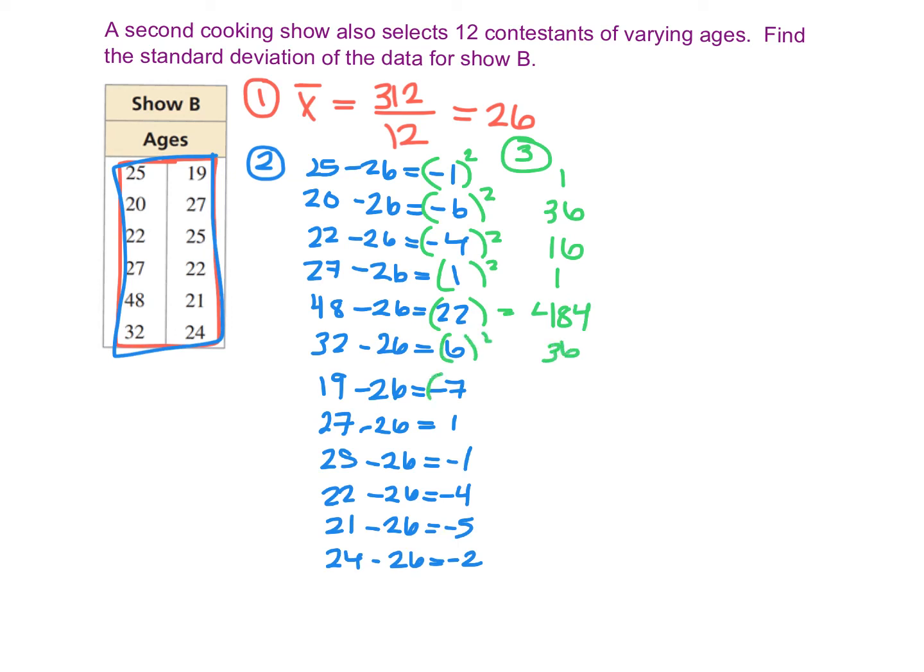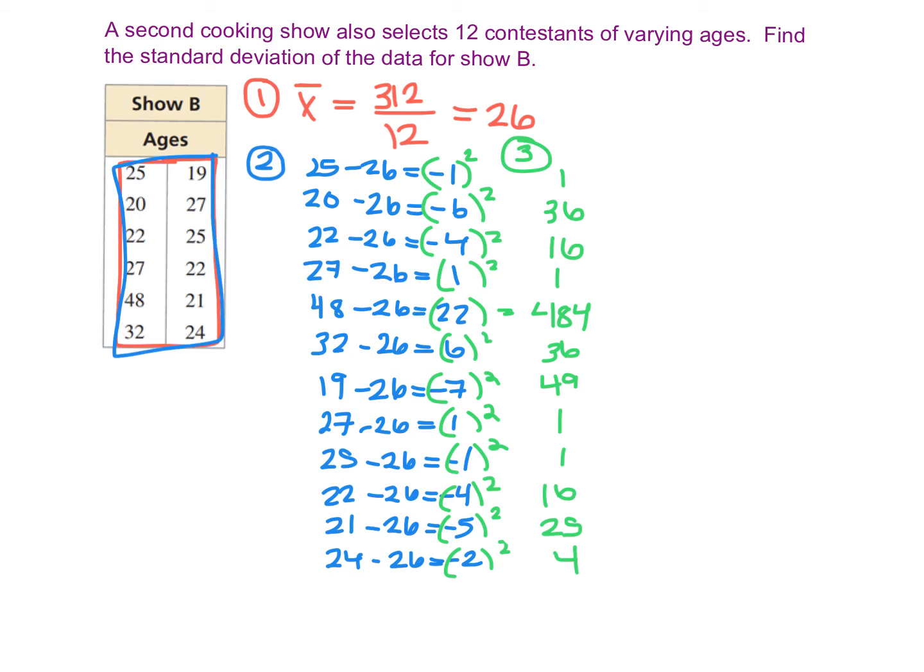Here we have 36, 49, 1, 1, 16, 25, and 4. So I'm going to fix that there. 25 and 4. So I found all of those values squared.